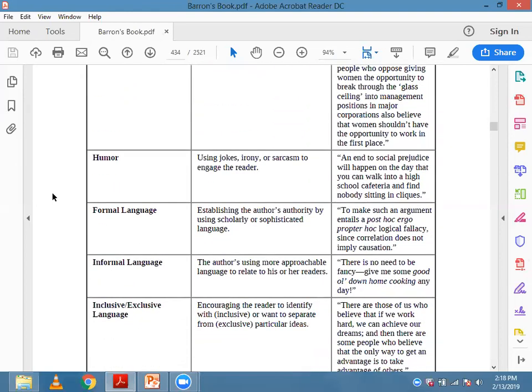The next one is humor. Now, this is very interesting actually. So let's see how humor works. Humor is used in many circumstances by the author. It is a tool that helps the author talk about difficult things.